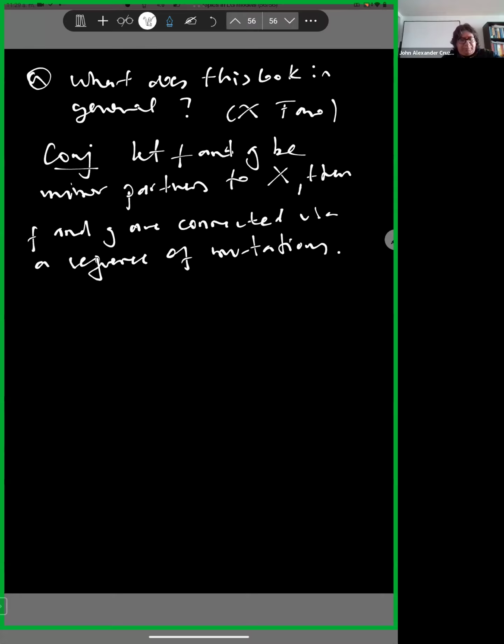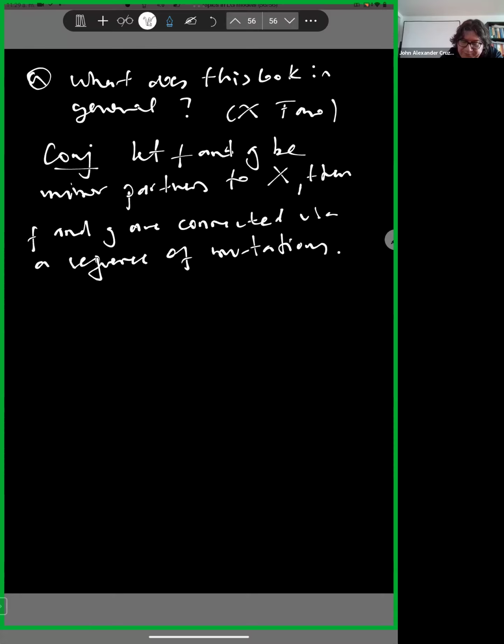All the mirrors should be connected. So one of my interpretations of this is, if on the mirror side you get some kind of cluster variety, then the way these different mirrors are connected by mutations should give you an idea how these different torus charts should be glued together in order to get the cluster variety, right?